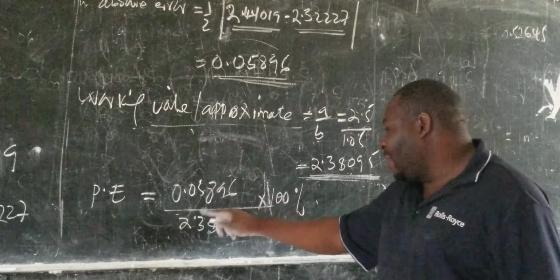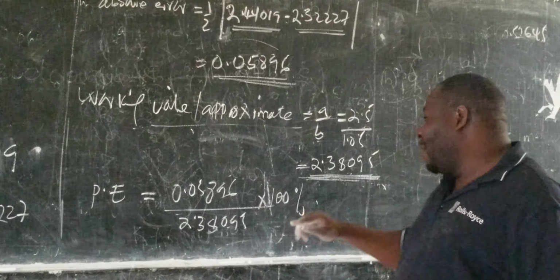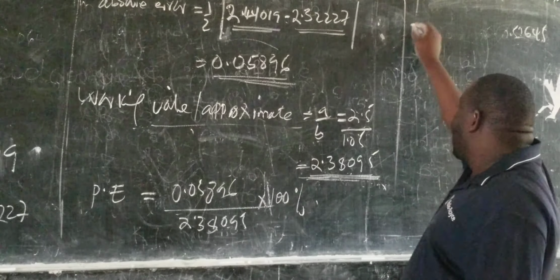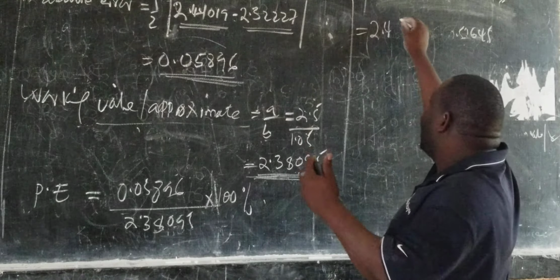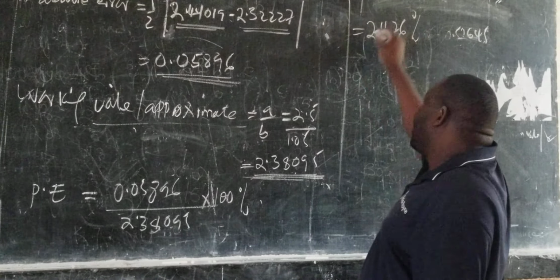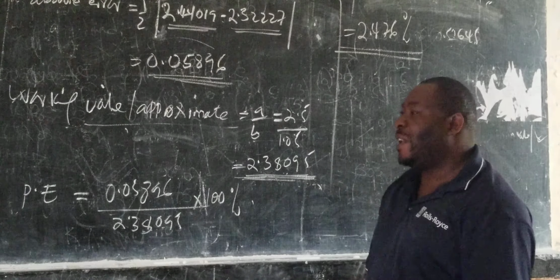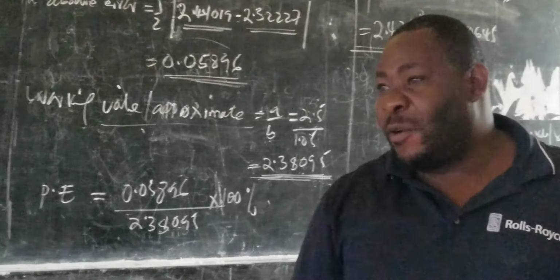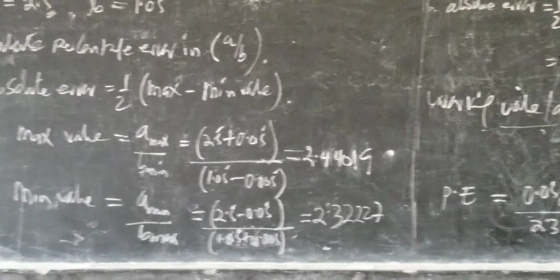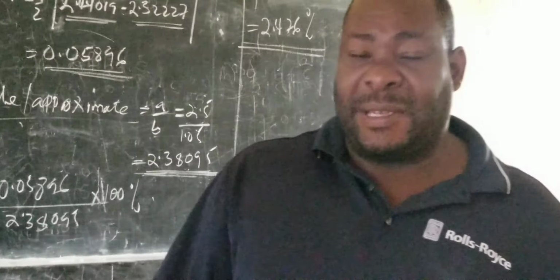So when you use the calculator, you have 2.476% as the percentage error, which was made when those decimal numbers were rounded off to those given numbers of decimal places. That's how we obtain the percentage error.